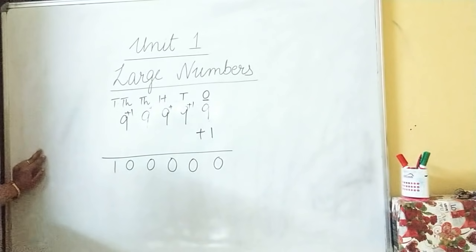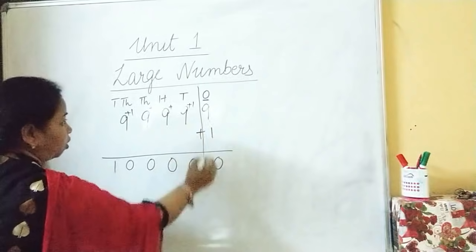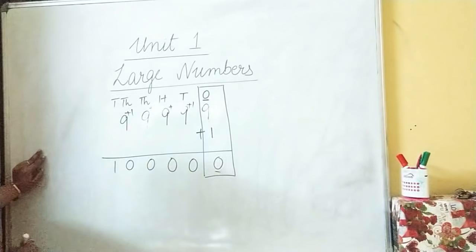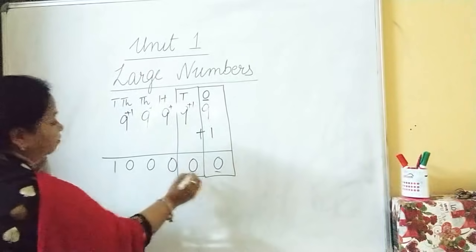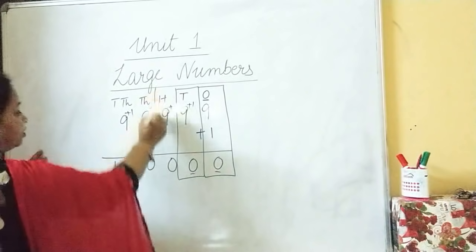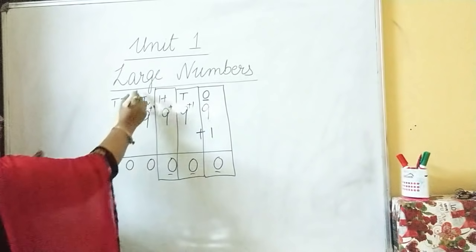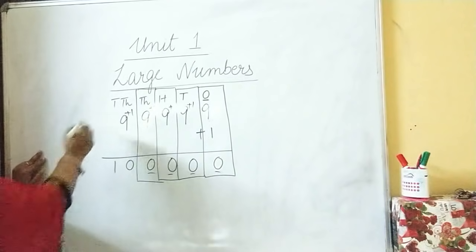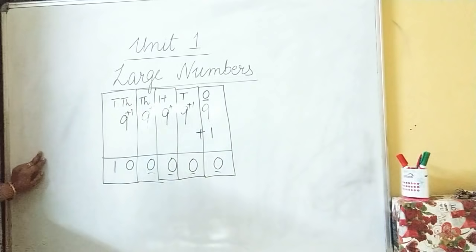But what do you observe? Let us check. The block of the ones place has only 1 digit. The tens place also has 1 digit. The hundreds place, again we see 1 digit is there. At the 1000 place we have 1 digit, and at the 10,000 place, do you find any change over here?